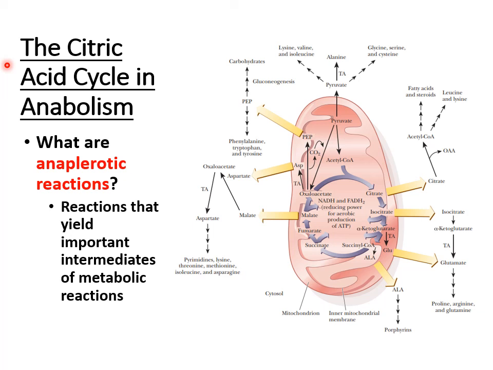And if you think about it, the citric acid cycle also plays a big role in anabolism by providing starting material for the biosynthesis of many other biomolecules. So just like before we saw all of the arrows pointing inward, we're also able to see a lot of arrows pointing outward as the metabolites and the various intermediates from the citric acid cycle can be used to build up things like fatty acids and lipids or carbohydrates or various amino acids.